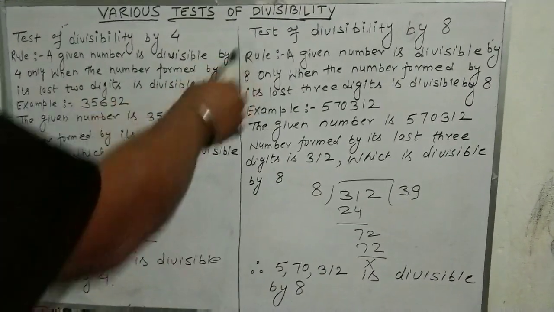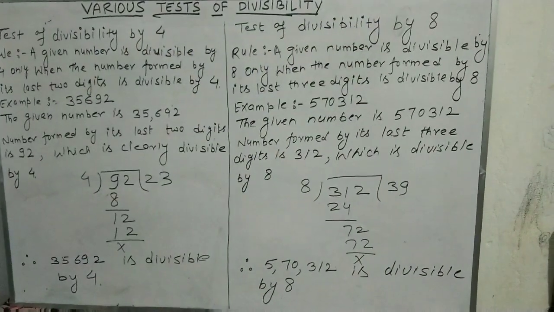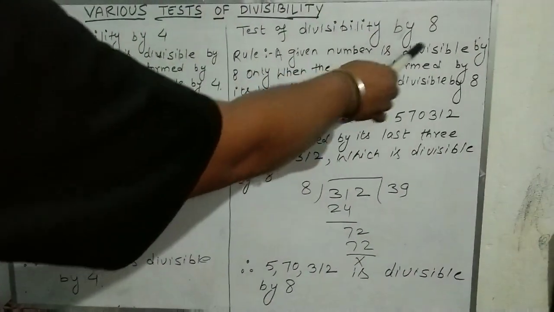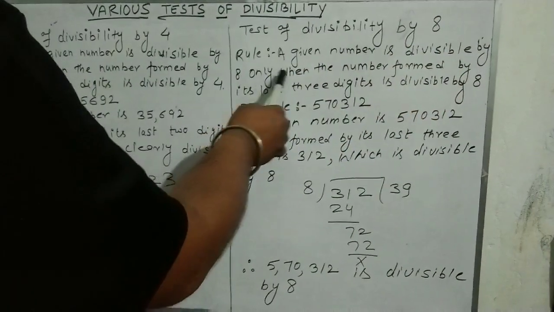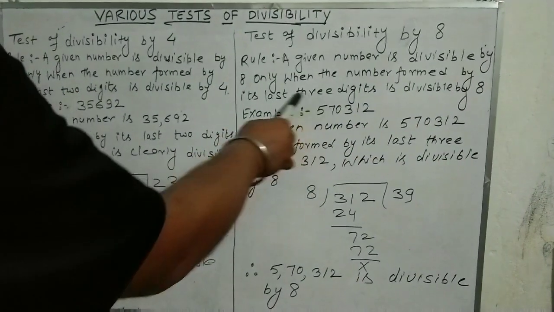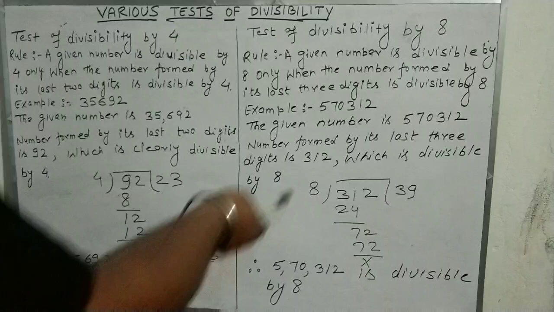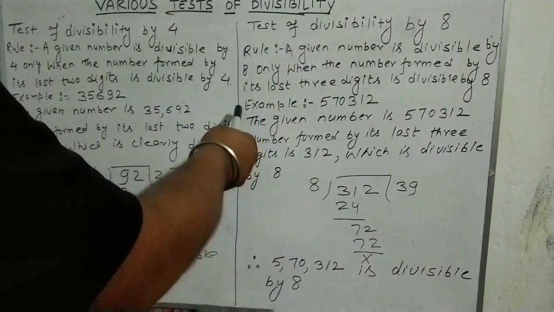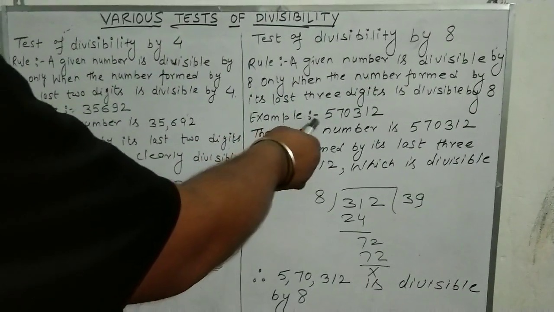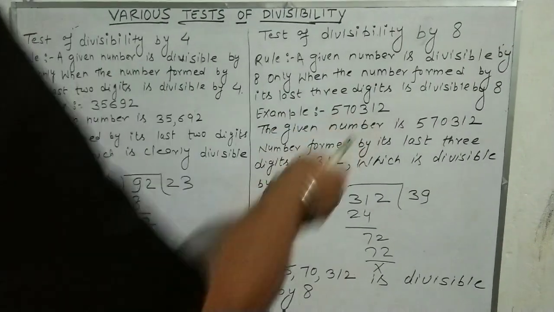Now, next is divisibility by 8. Rule: a given number is divisible by 8 only when the number formed by its last three digits is divisible by 8. To understand this rule, we will take an example. Our number is 5,70,312.